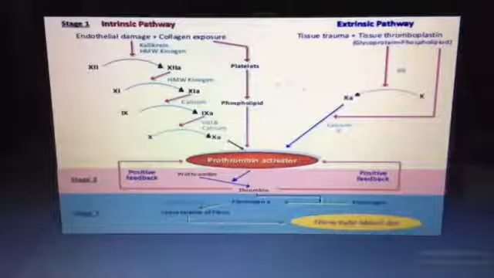So now, the prothrombin activator, whether it is formed from the intrinsic or extrinsic pathway, converts prothrombin to thrombin, and this thrombin converts fibrinogen to an active state, and by loss of certain peptides, it forms fibrin. Fibrinogen is converted to fibrin.